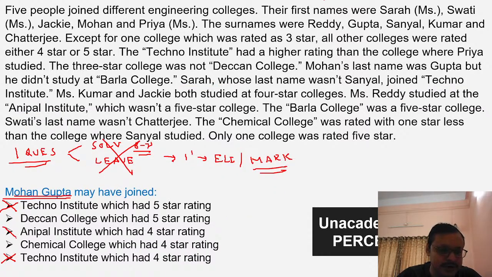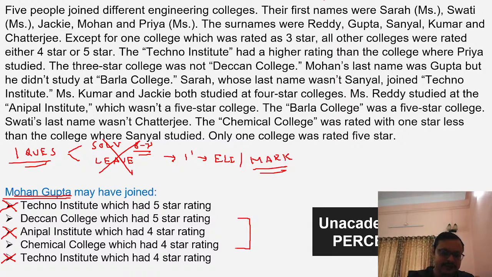So at least what we can do is eliminate Mohan Gupta as Nepal. That leaves us with two possibilities, option B and option D: Mohan Gupta belongs to Deccan or Mohan Gupta belongs to Chemical.